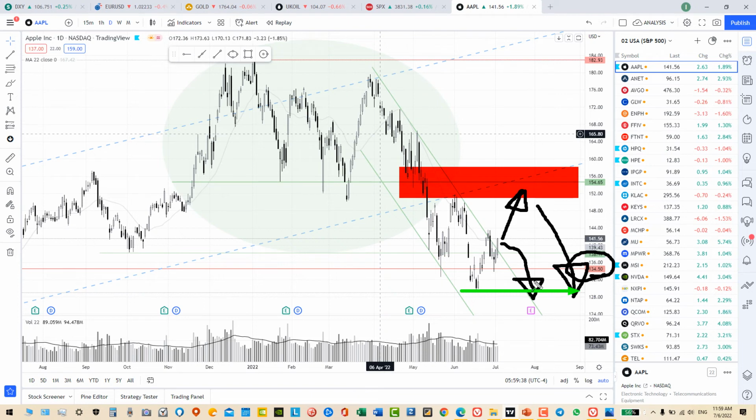This will indicate the sellers gaining momentum to the downside, and we will do our virtual trading by going short after a valid break and confirmed close below 129. That's another case. But I think there is a kind of correction on the way.